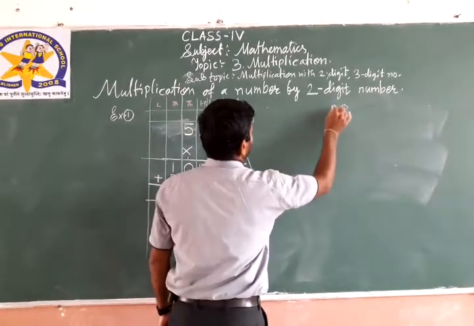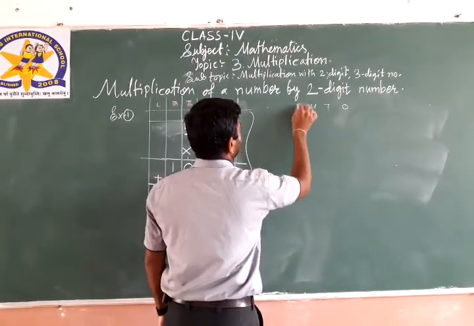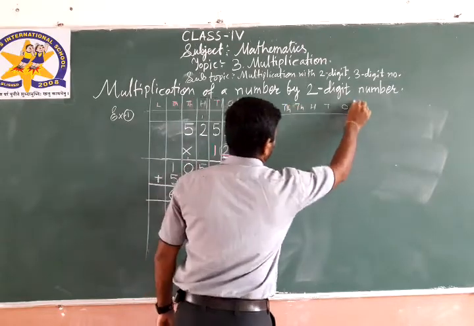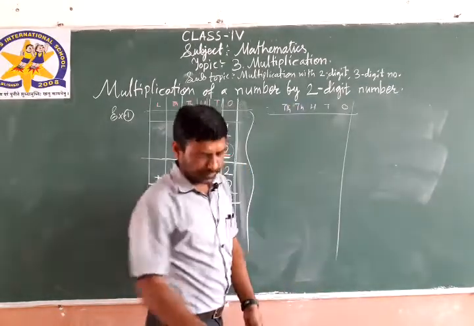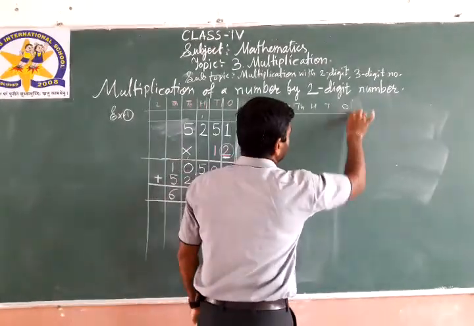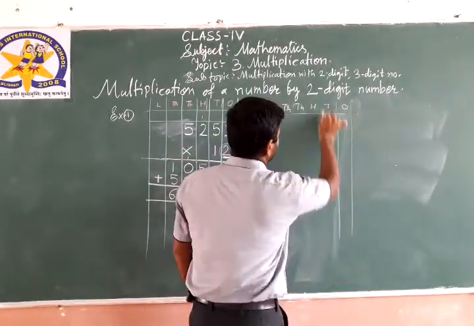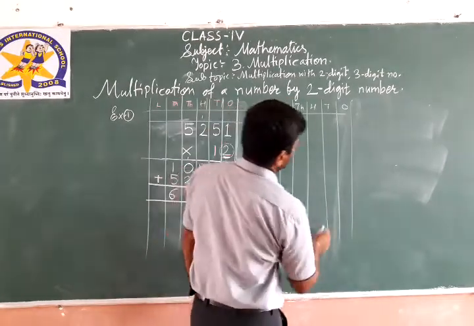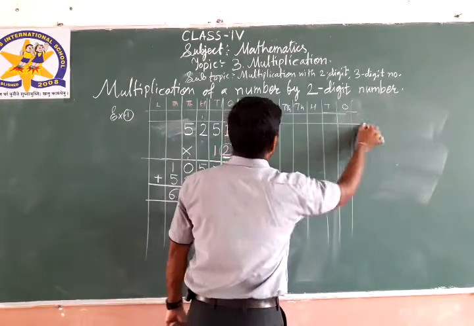Or else, if you know the 12th table, same I will write ones place, tens place, 100 place, 1000 place, 10,000 place. Yes, my lines are going slanting. Yes, still okay, leave it.